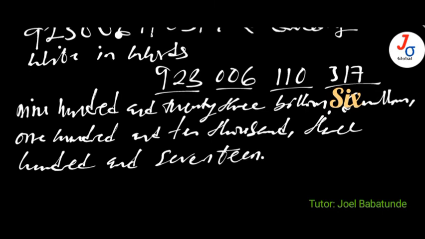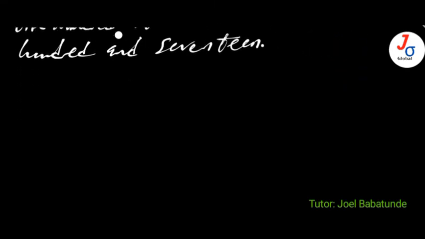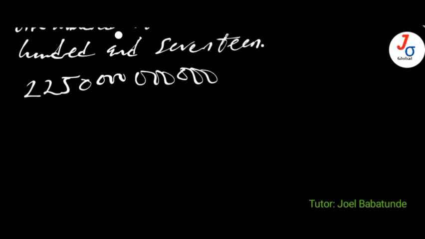Okay, let me take one more example for clarity purposes. Let's see this one, 2250 followed by zeros.